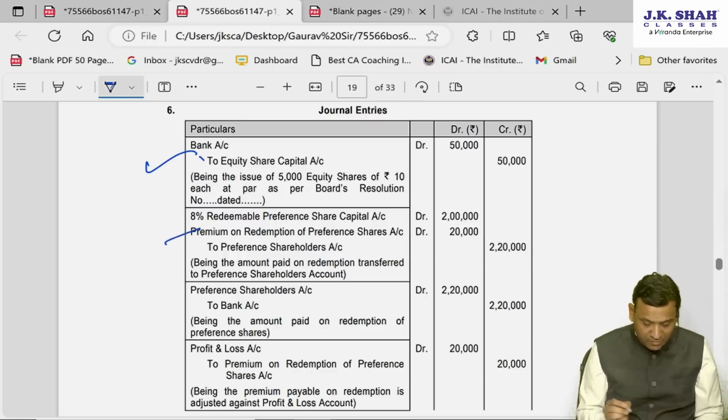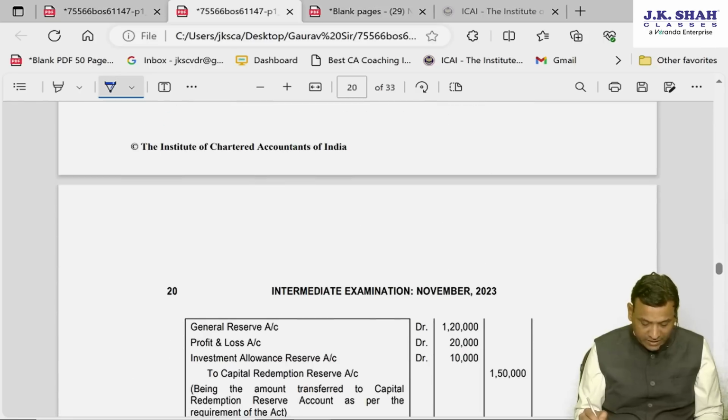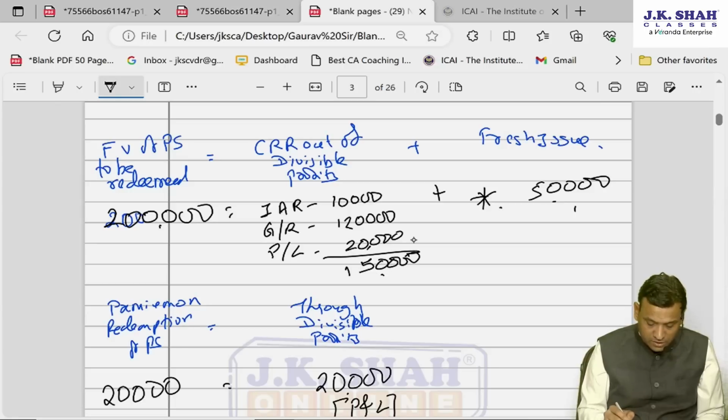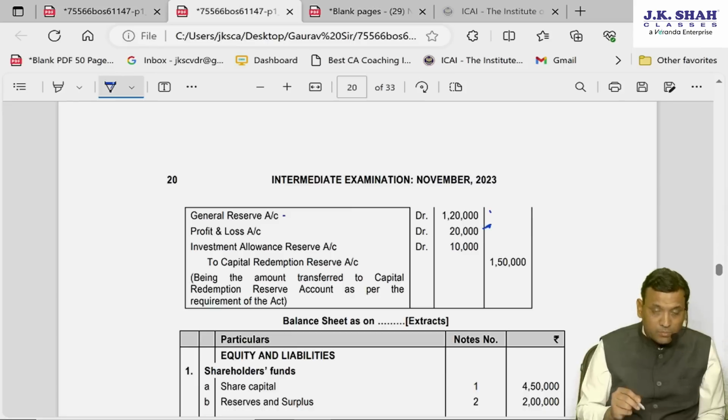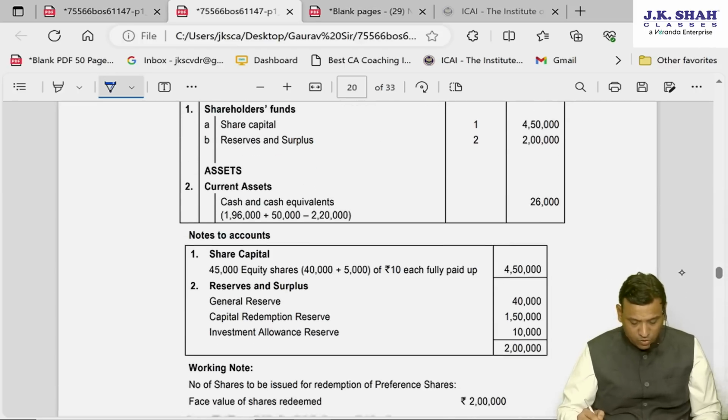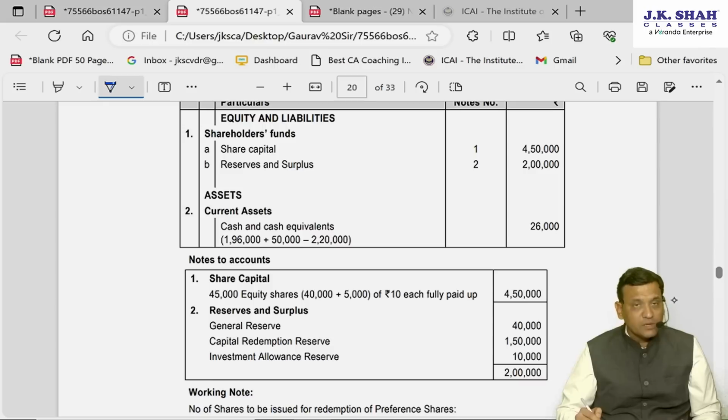Then you will write off the premium. And then we are creating CRR. General reserve 120. Look here. General reserve 120. Profit and loss 20,000. Because out of 40 we have already utilized investment allowance reserve. And this is what. Okay. So this is the balance sheet. I hope you can do this on your own. Nothing big in this.